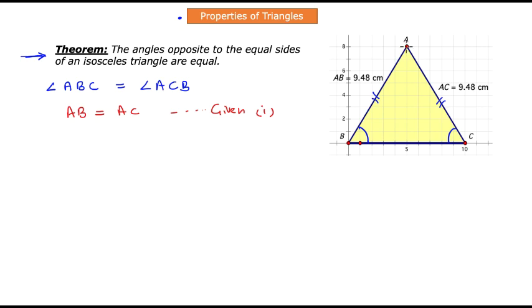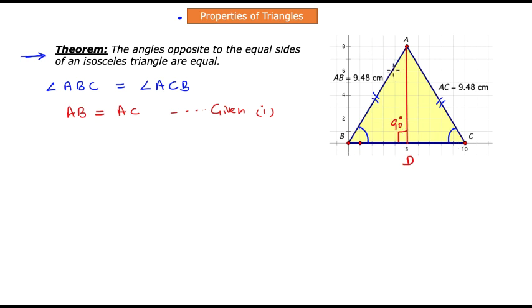So let's drop a perpendicular bisector from vertex A onto the line segment BC. Let's say that this perpendicular bisector intersects the line segment BC at point D. And just because it is a perpendicular bisector, the measure of the angle where the line segments AD and BC intersect will be 90 degrees.